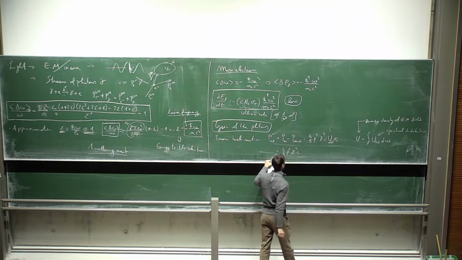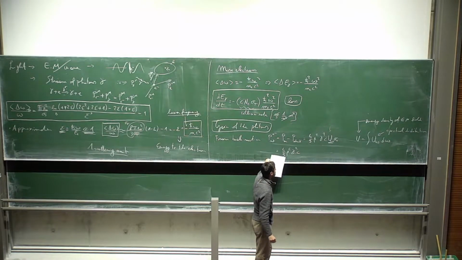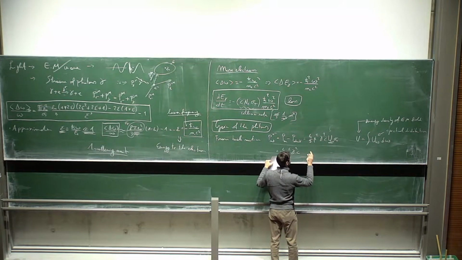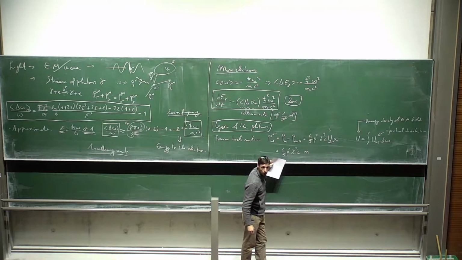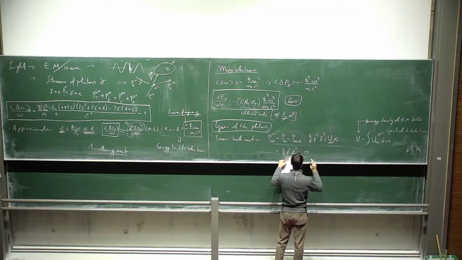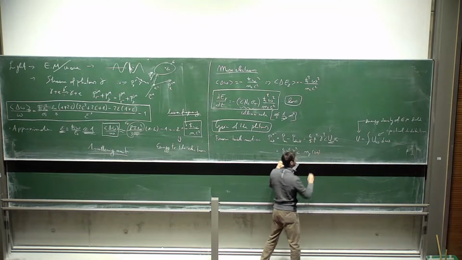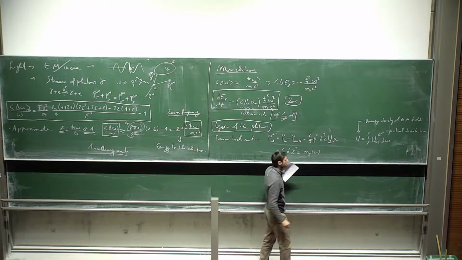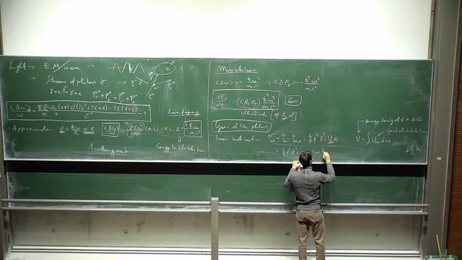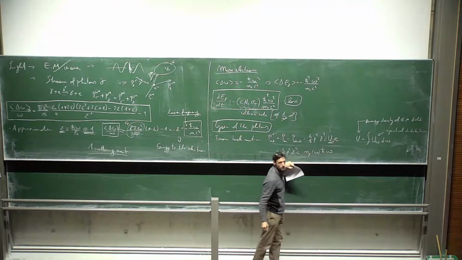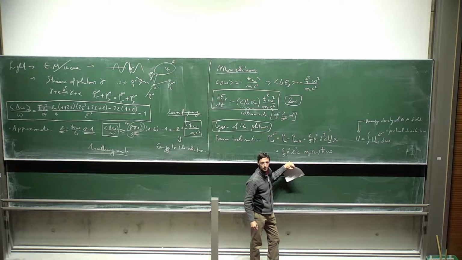What we do is to work out on this term, which is going to be directly proportional to what? The number density of photons that have the frequency omega times the energy of those photons.